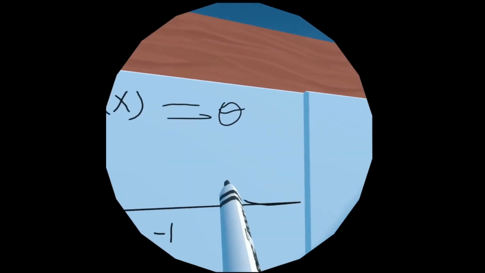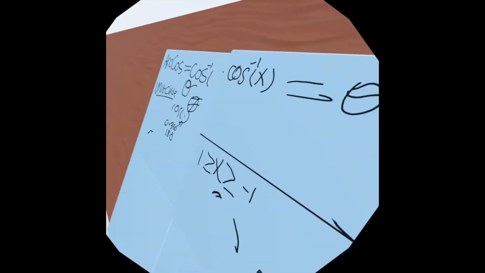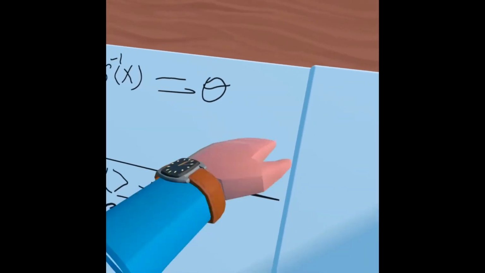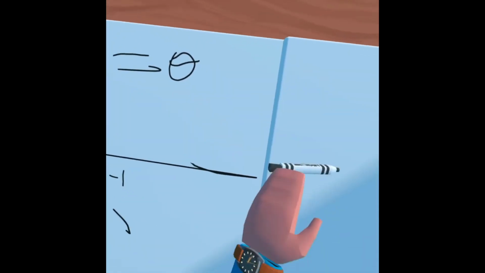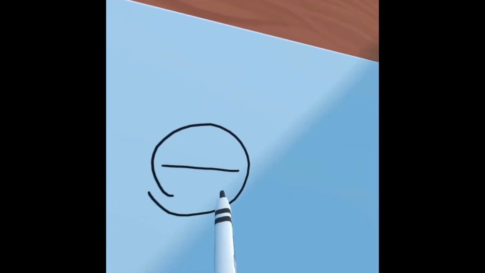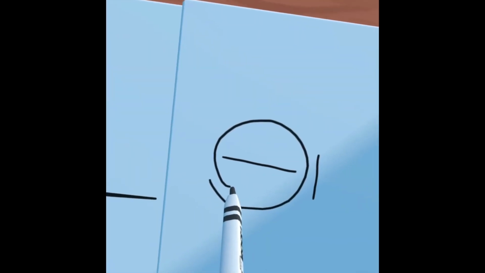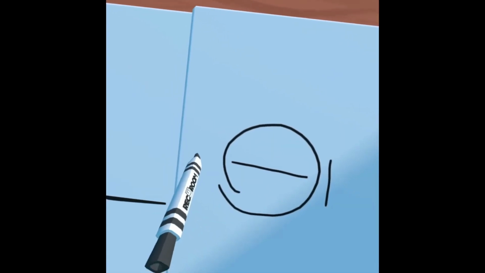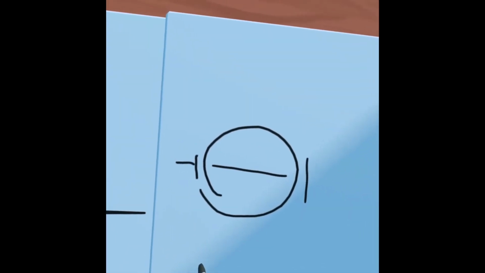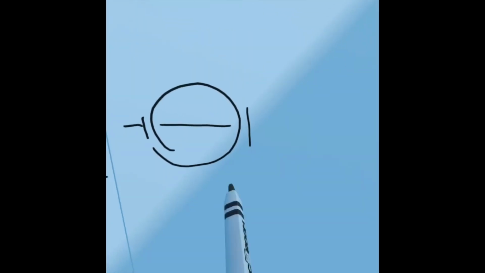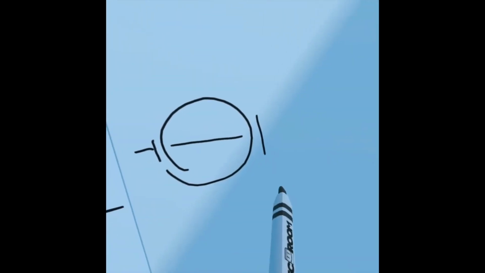So that's going to give us a theta. Once again, because of the unit circle, it's pretty much saying 1 and -1. Not that we need to go into it, but the cosine is the x, and the sine is the y.